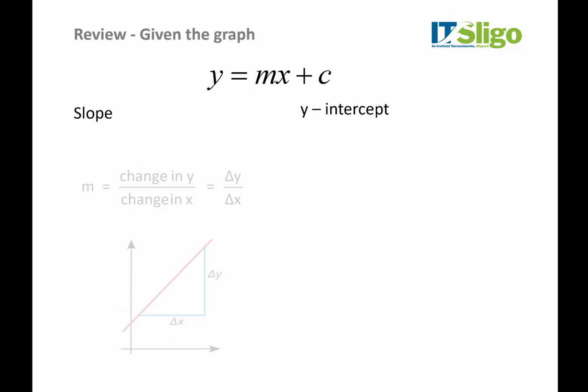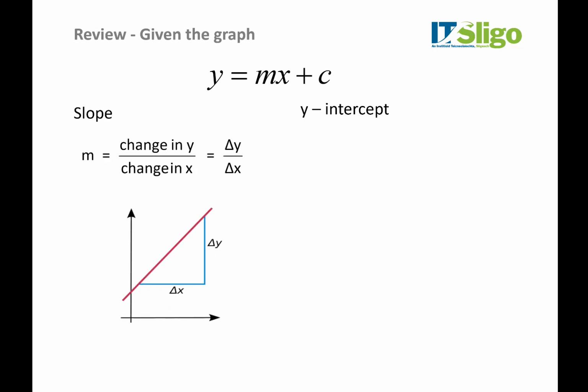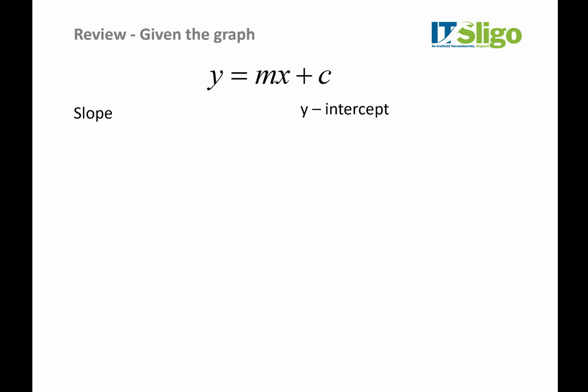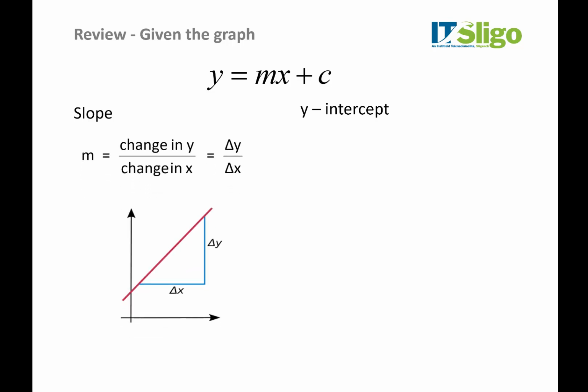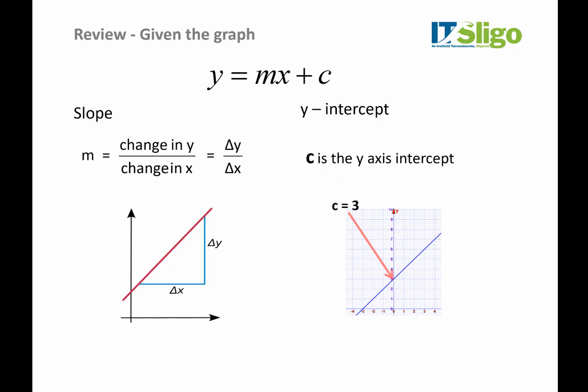If we're given the graph, we use y is equal to mx plus c. The slope, again, is more of a visual exercise. Change in y over change in x. The y-intercept then is where the graph cuts the y-axis. So you find c visually, and then you try and find your slope visually as well. Personally, I always prefer this equation. You're much less likely to make a mistake because you can see everything in front of you.